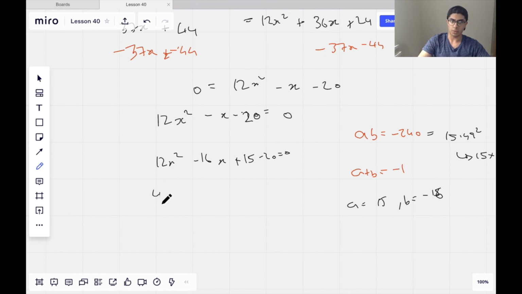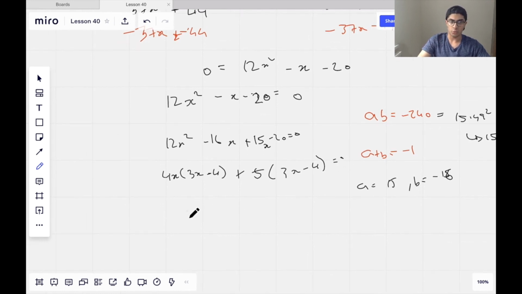So we take 4x out, 3x minus 4, and then, oh sorry, this is 15x. Here there's a factor of 5 pretty clearly, so we can take a factor of 5 out, 3x minus 4, which is equal to 0. And then as usual, we factor out the 3x minus 4 from both of these to get that.